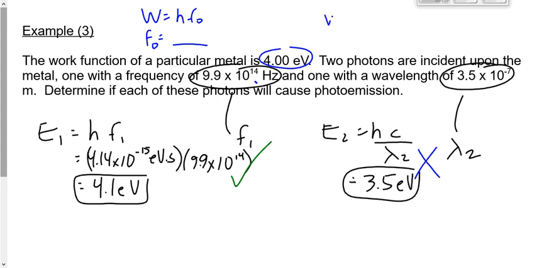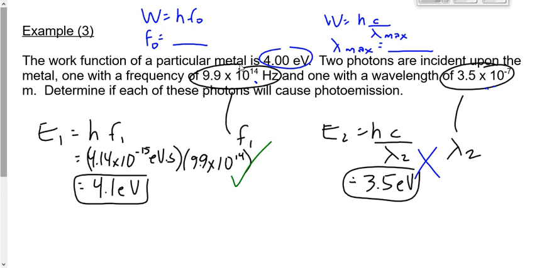And then we could have got the threshold wavelength to see if this was smaller. So either way is fine. I kind of like the way that I did it first, but if what I just said strikes a chord, then go ahead and do it that way.